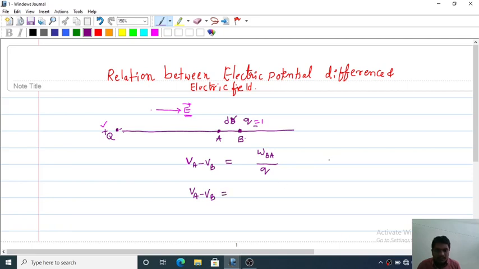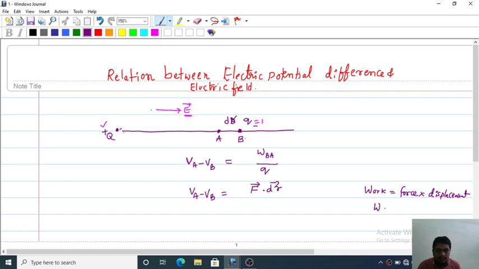We know that work can be represented as the product of force and displacement. In vector form, work done is F bar dot dr bar.